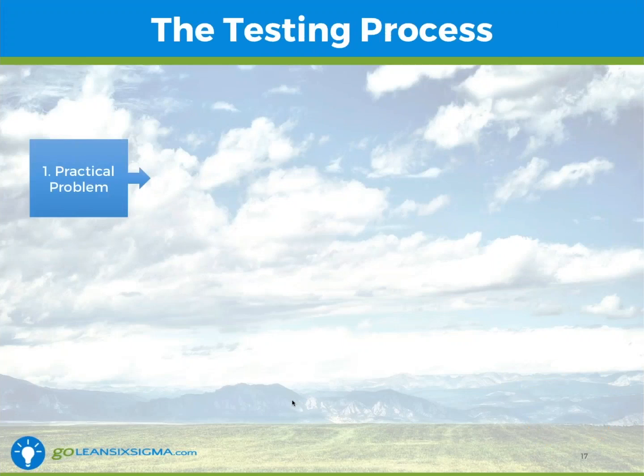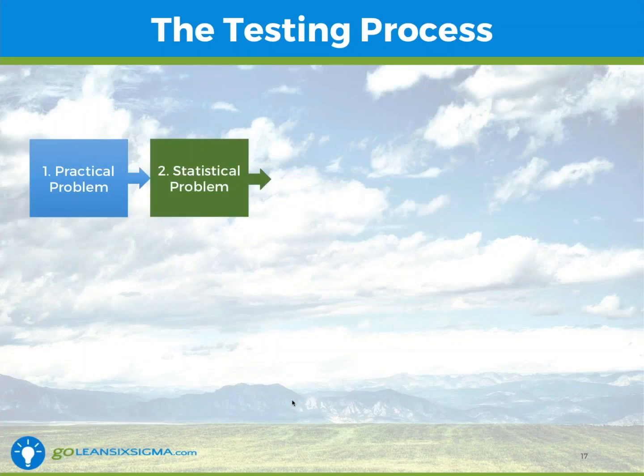So the testing process starts with a practical problem. And from there, we turn it into a statistical problem, right? So we go from English into math. This comes from the scientific community. There are rules and regulations to follow.